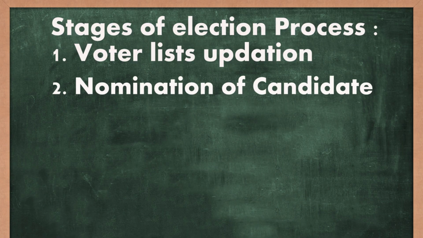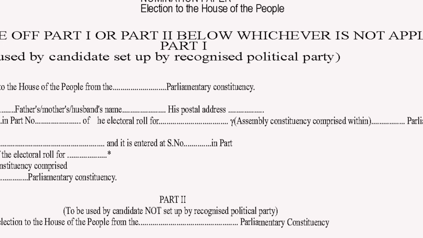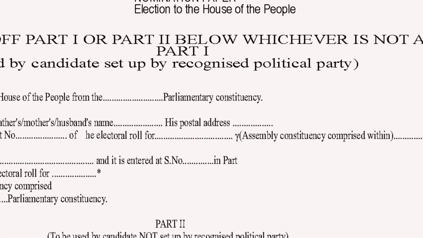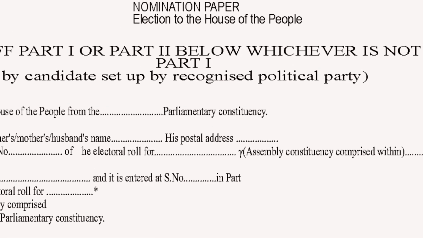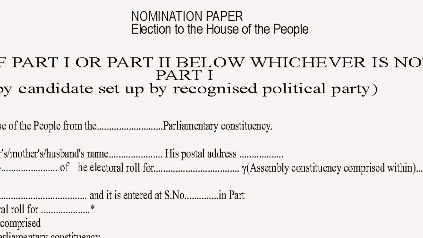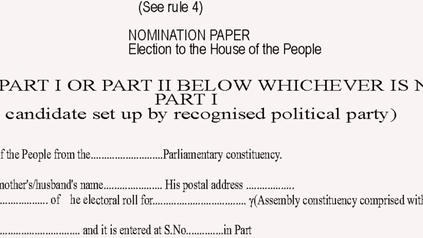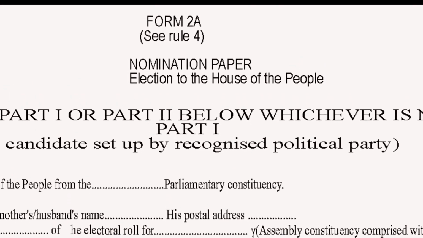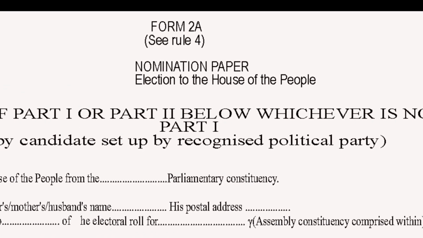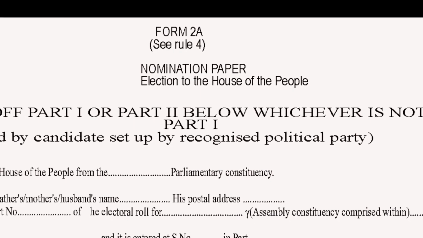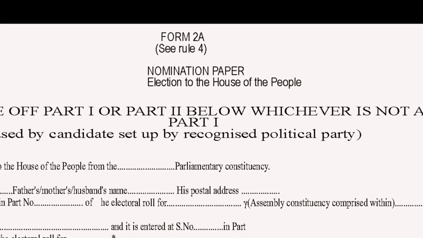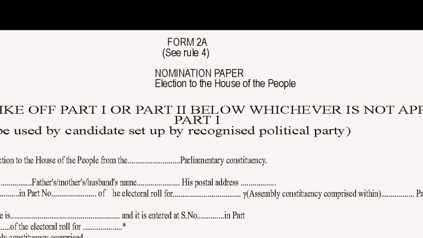Number 2. Nomination of candidates. Every person with a minimum age of 25 years who wishes to contest an election files nomination, either as an independent candidate or through nomination by a political party, by filling up a nomination form with security deposit. Each candidate has to give full details of: 1.